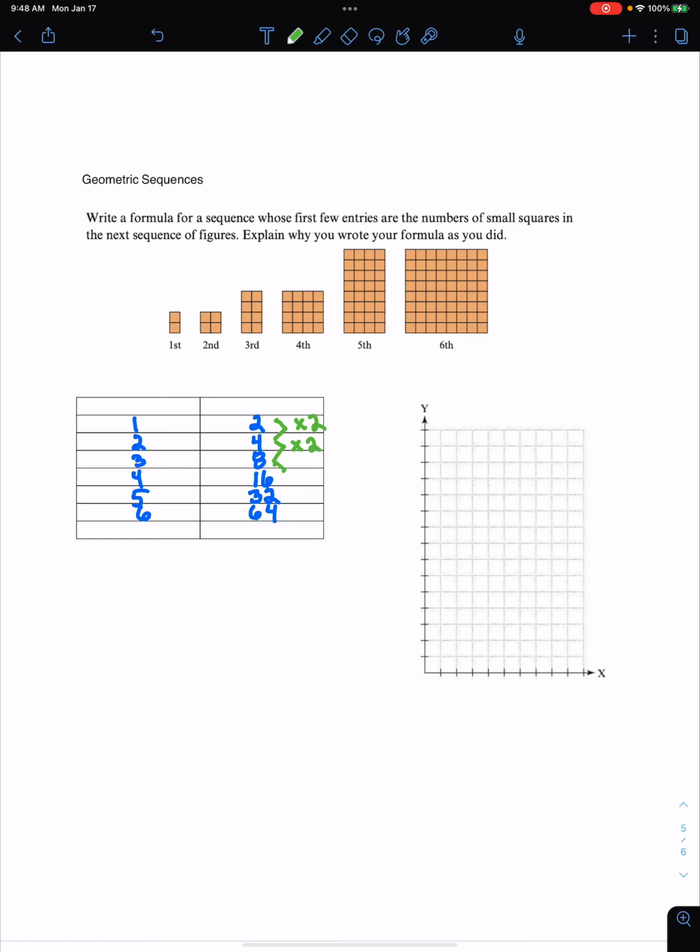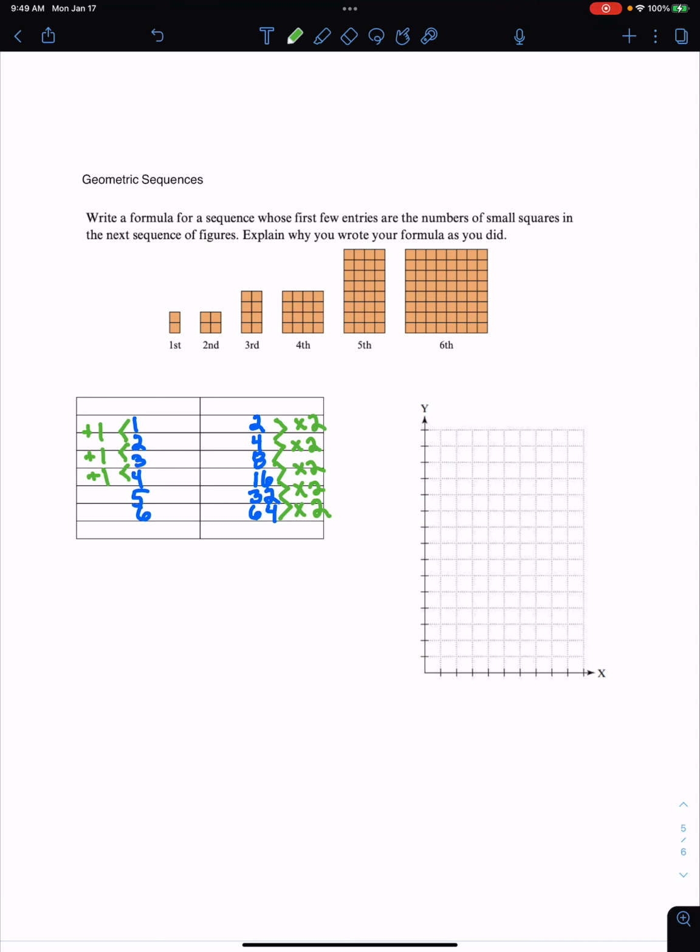To get from 8 to 16, we're multiplying by 2. And to get from 16 to 32, again, multiplying by 2. Each step of the way, we're multiplying by 2. On this side, we're still adding 1 each time to our entry number.